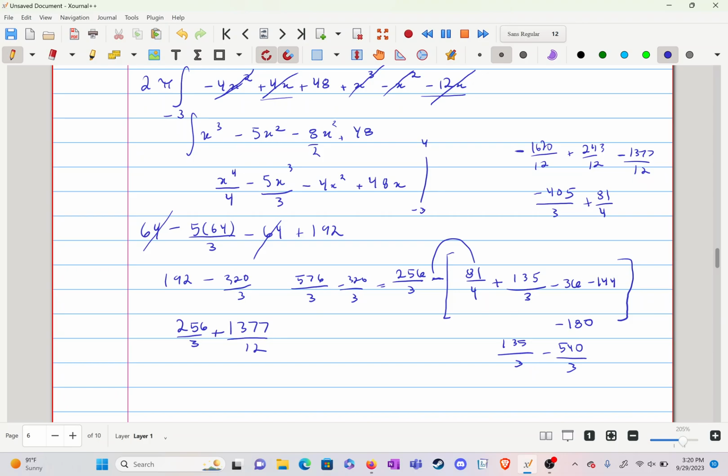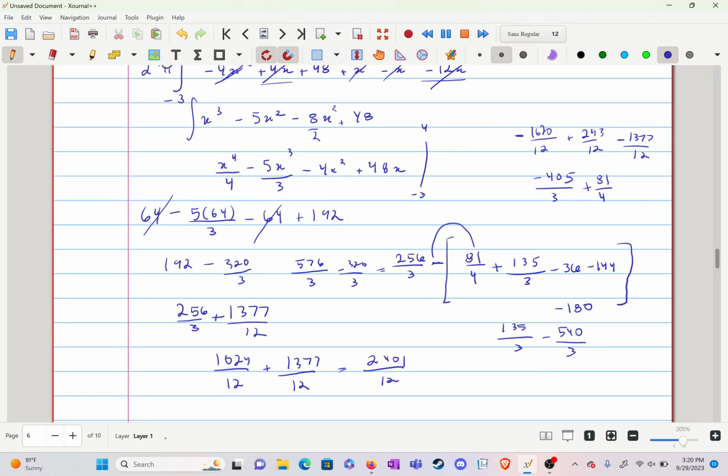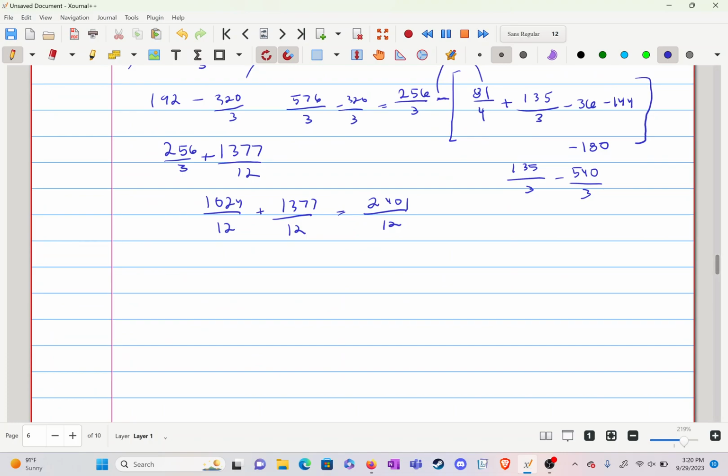So let's multiply 256 times 4, 1024 over 12 plus 1377 over 12. And what does that give us? That gives us 2,401 over 12. And we cannot forget our 2 pi.